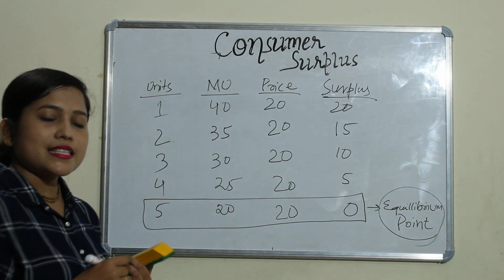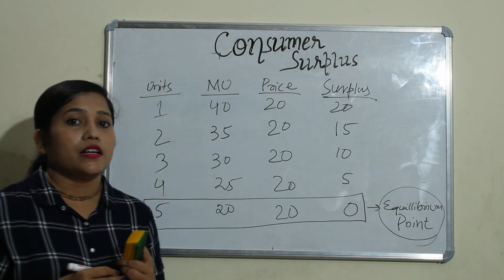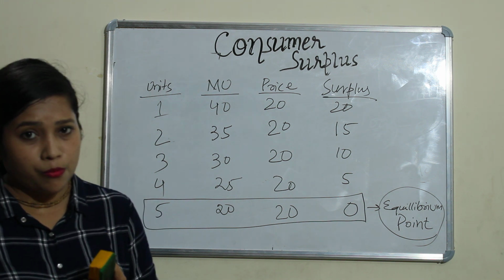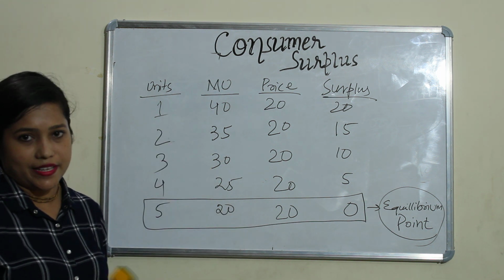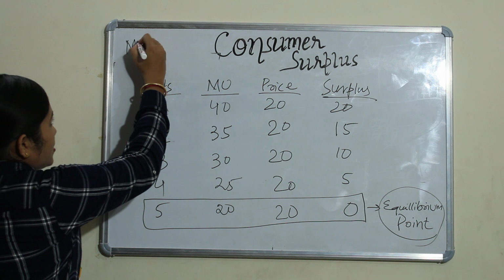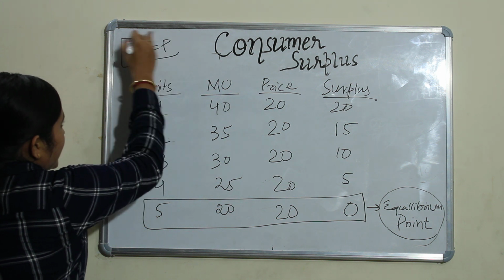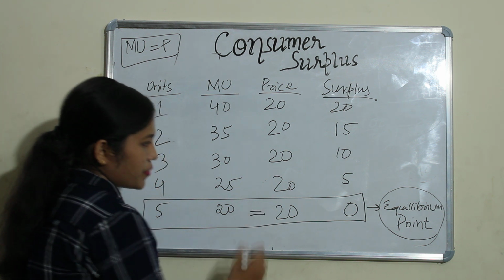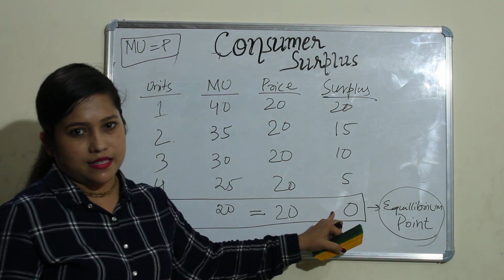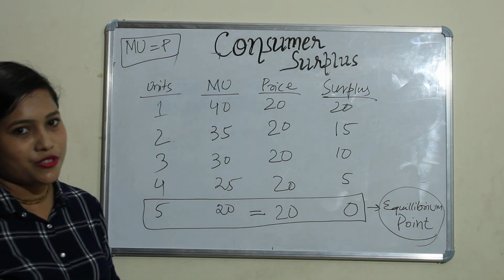See, we have already studied in the LDMU chapter that the consumer equilibrium is the point where your marginal utility should be equal to price. Yes or no? Marginal utility equals price, that is the consumer equilibrium point. So here 20 is equal to 20 and there is no surplus. So this is the point you should stop.